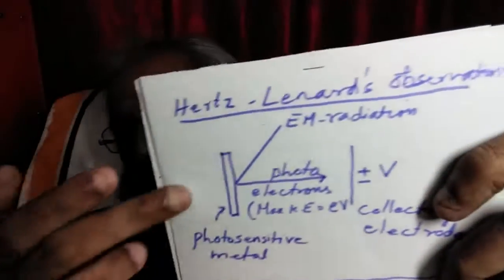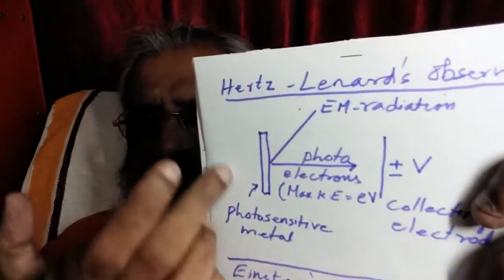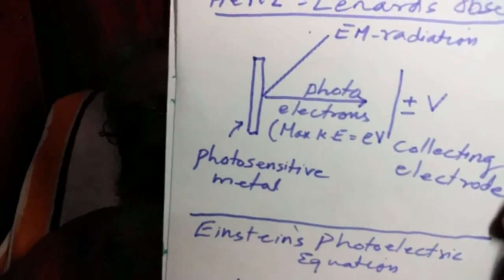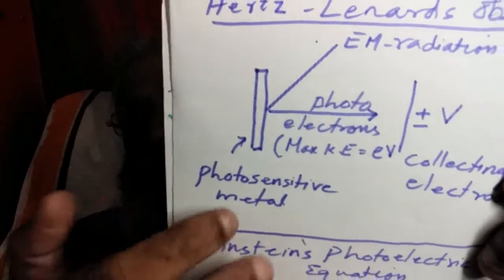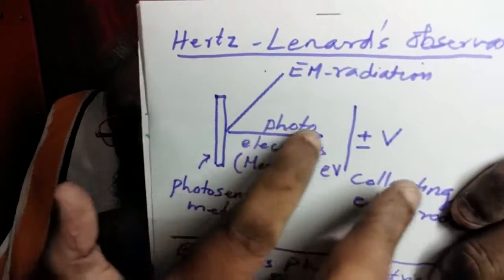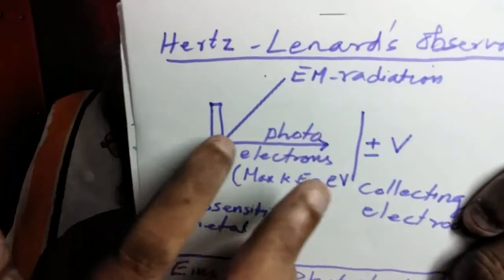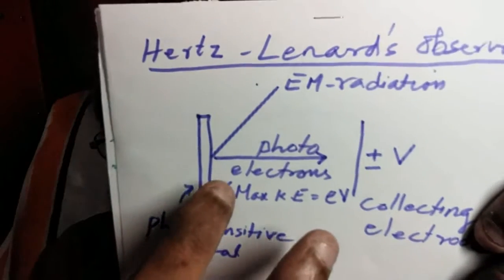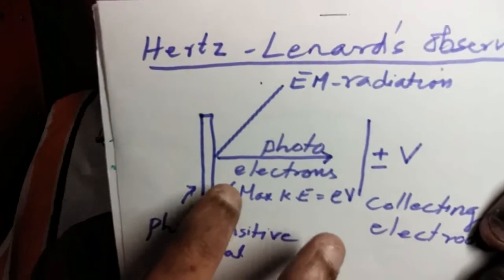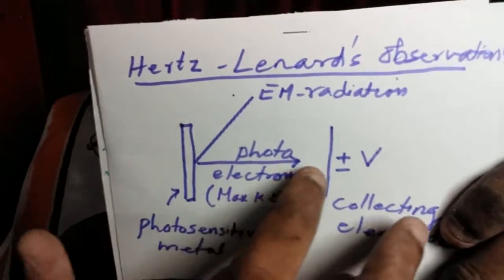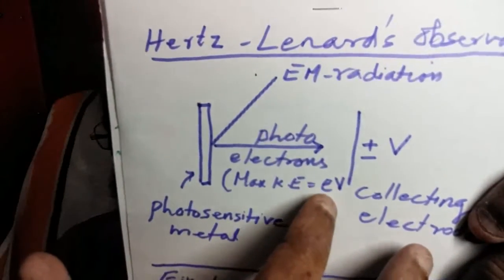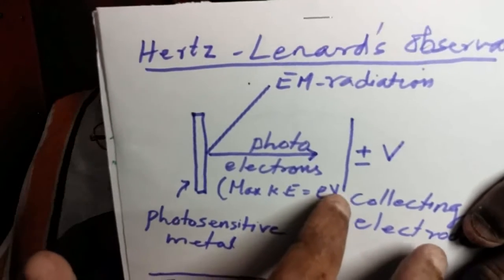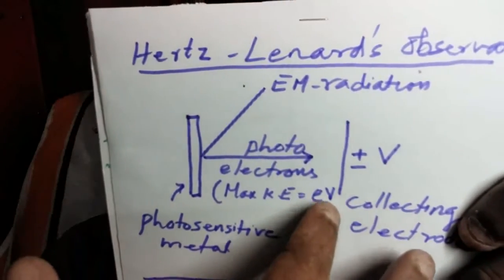Now this arrangement is enclosed in an evacuated chamber to avoid interference of gas molecules. Now, what are the observations? You know that if the potential difference between these two electrodes is V volt, then the maximum kinetic energy acquired by an electron is VQ, that is V into Q. Charge of electron is e, so it is V into e, or eV.